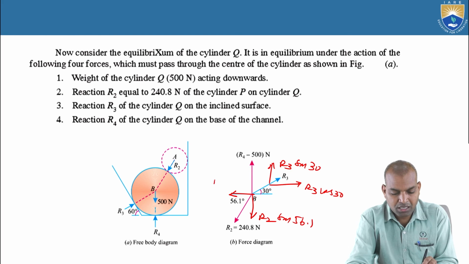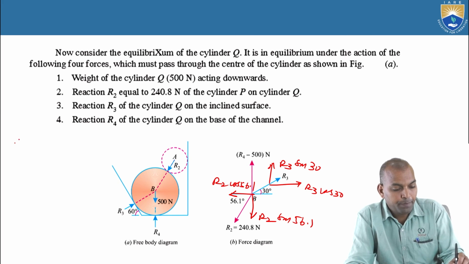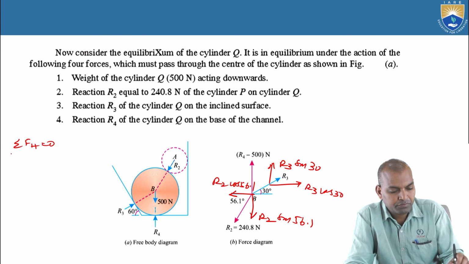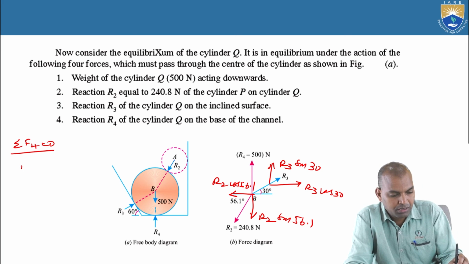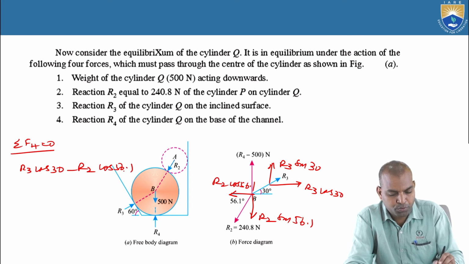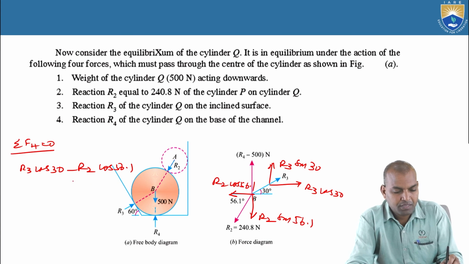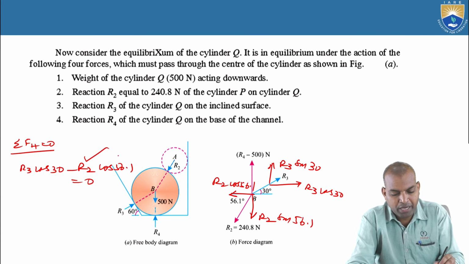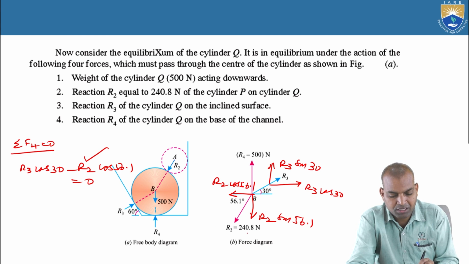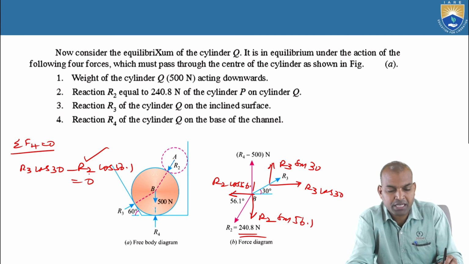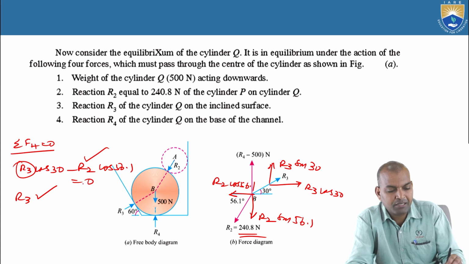And horizontal is R2 cos 56.1. Apply sigma fh equal to 0. What is sigma fh equal to 0? R3 cos 30 minus R2 cos 56.1 equal to 0. We know R2 value from the equation before we calculated, that is 240.8 newtons. R3 can be calculated. What is sigma v equal to 0?